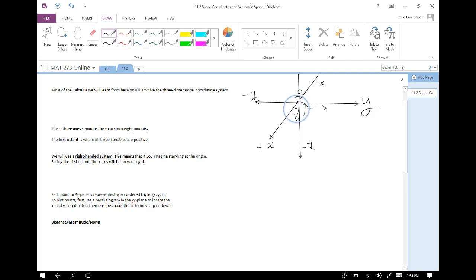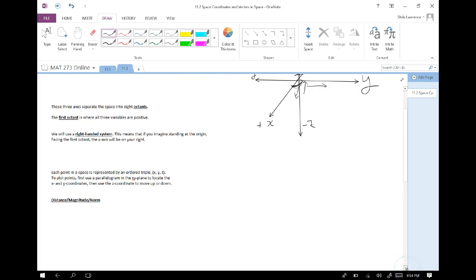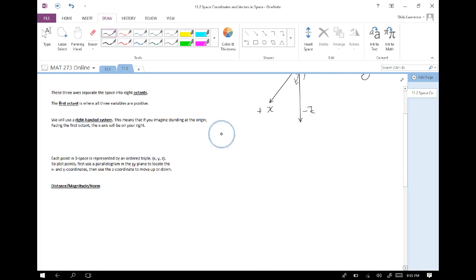And if you look, that angle right there doesn't look like it's 90, but it really is. So when you locate a point, you have to use parallelograms that match the angles that these axes are drawn at. It's really not difficult once you do it a couple of times, but at first it might seem kind of strange.